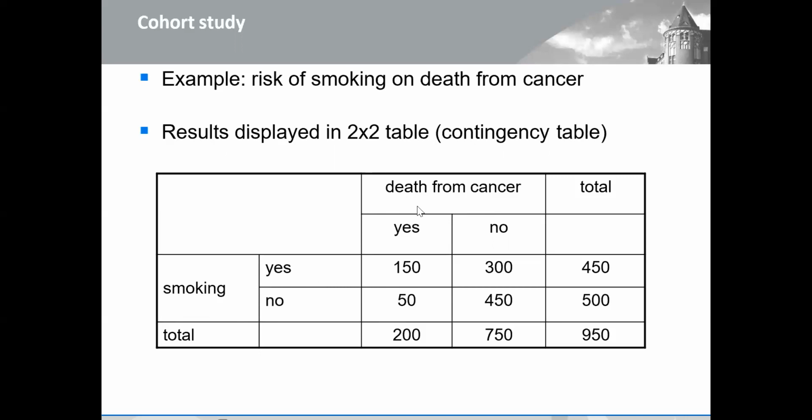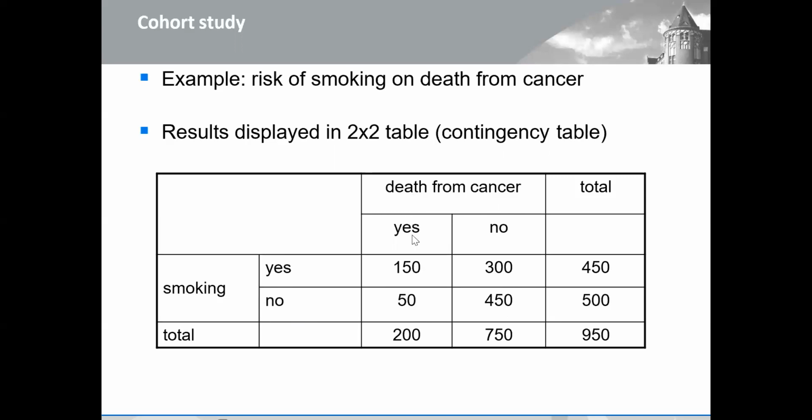Among those who smoked and developed cancer, there were 150. Those who smoked but had no cancer, there were 300. Those who didn't smoke and had cancer were 50. Those who did not smoke and had no cancer were 450.